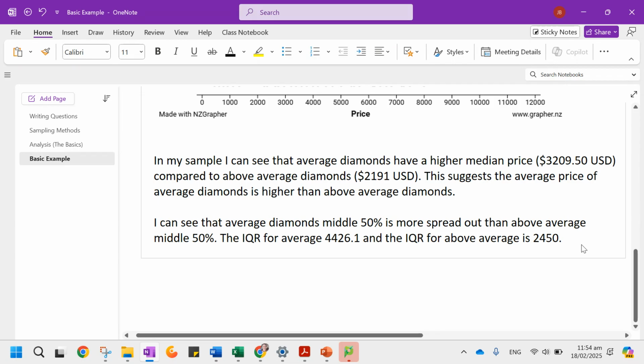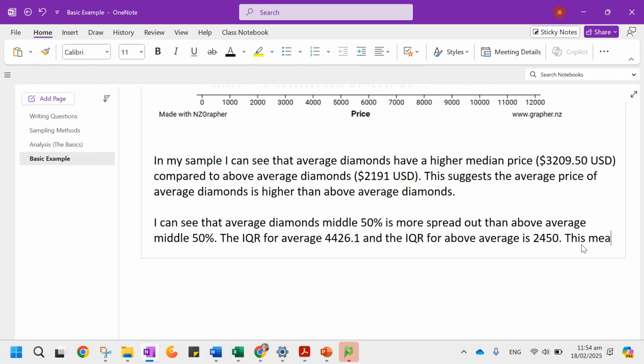Okay, and so there is our context. We're talking about the middle 50% of the diamonds. We haven't really talked about price, but we can bring that into our this means. So this means in our sample, okay, because it's in our sample, it is not about the population yet. The middle 50% of prices for average is what?